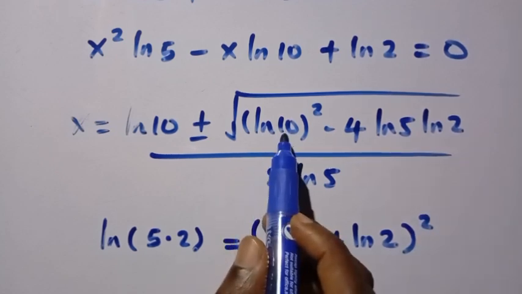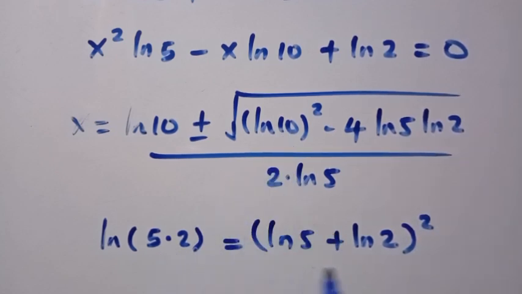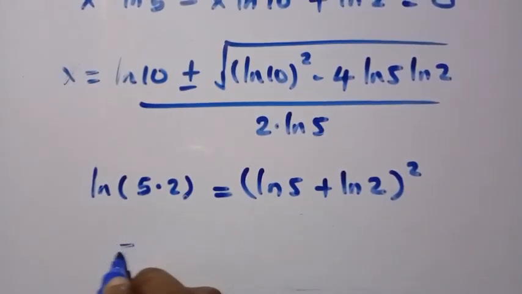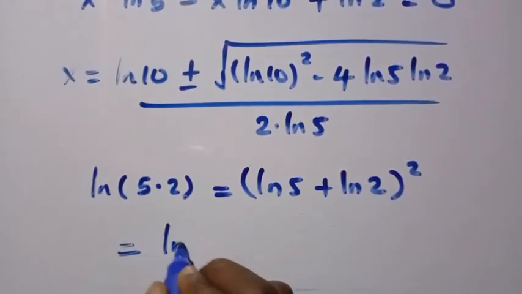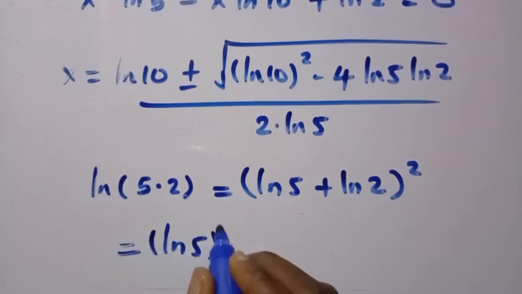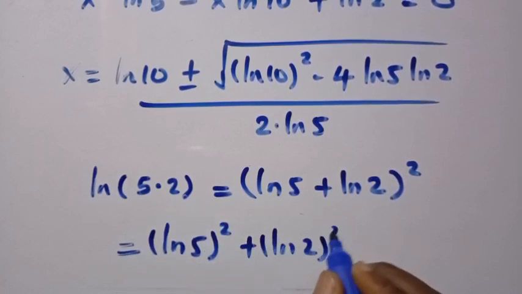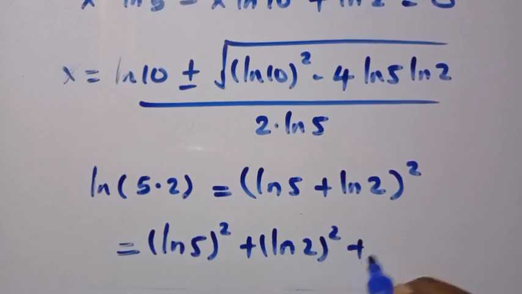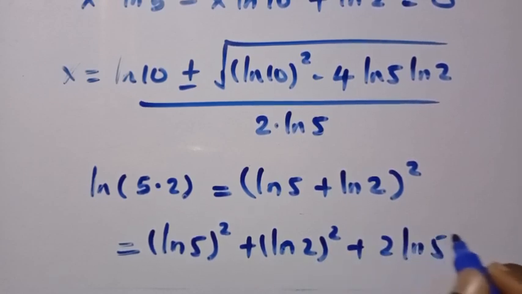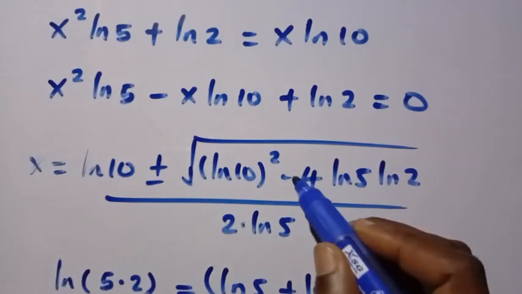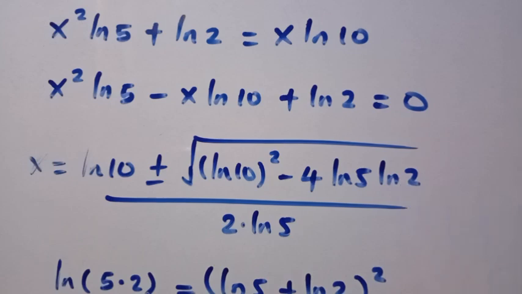Because this is squared, when we expand this, we are going to have ln 5 squared plus ln 2 squared, then plus 2 multiplied by ln 5 ln 2, and in this bracket we have minus 4 ln 5 ln 2.